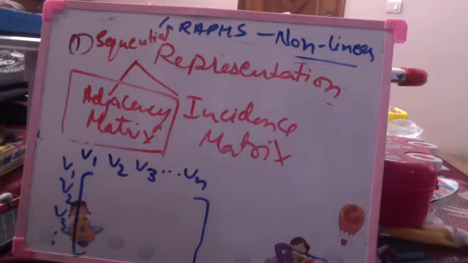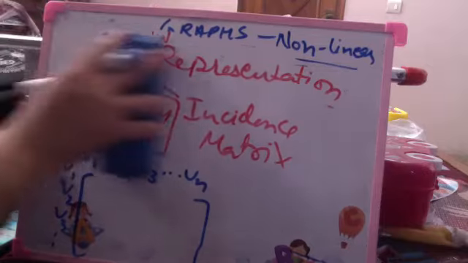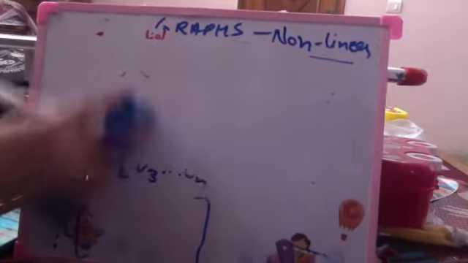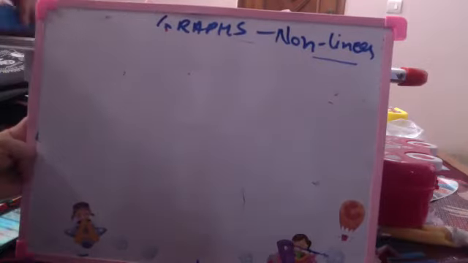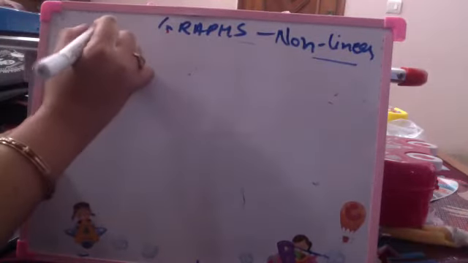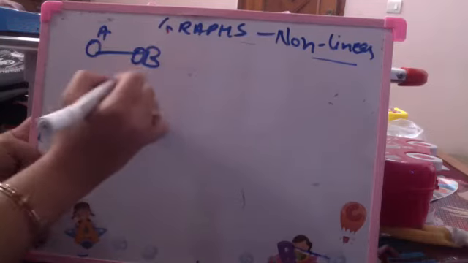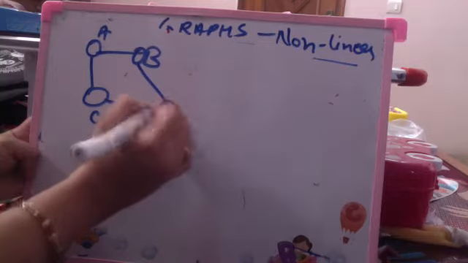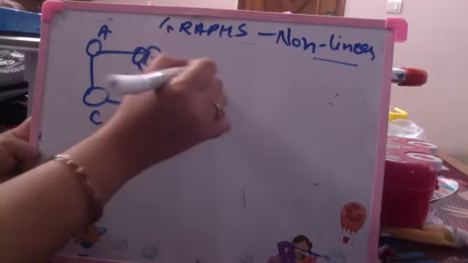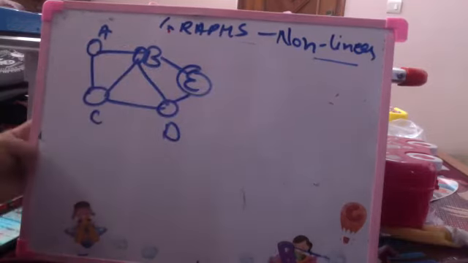I'll just give you some examples of the adjacency matrix. What do I mean by adjacency matrix? Supposedly, I am having a graph, A connecting to B, again connecting to C, D, and I have an E here, which has a connection, and I have some connection like this.